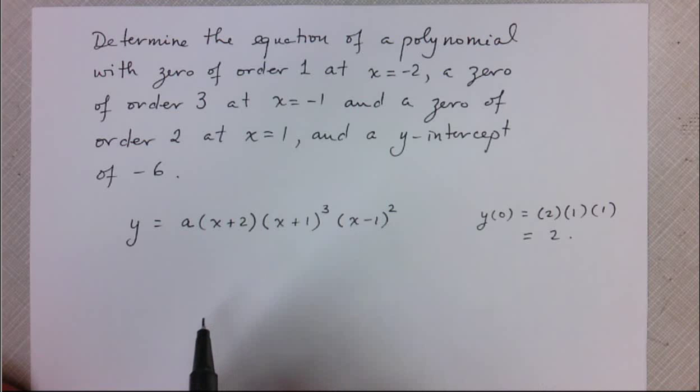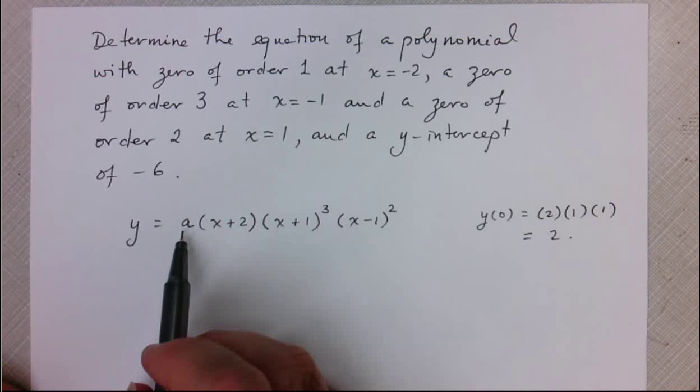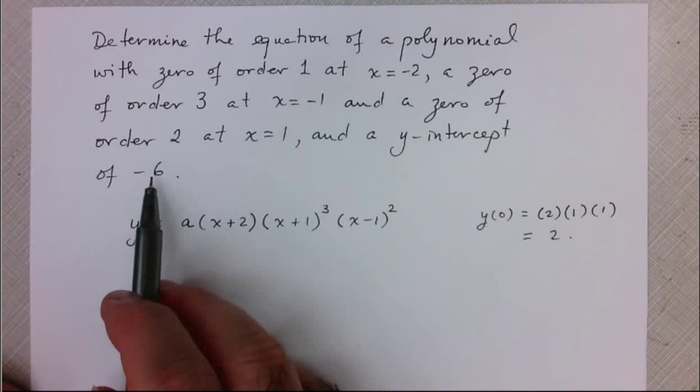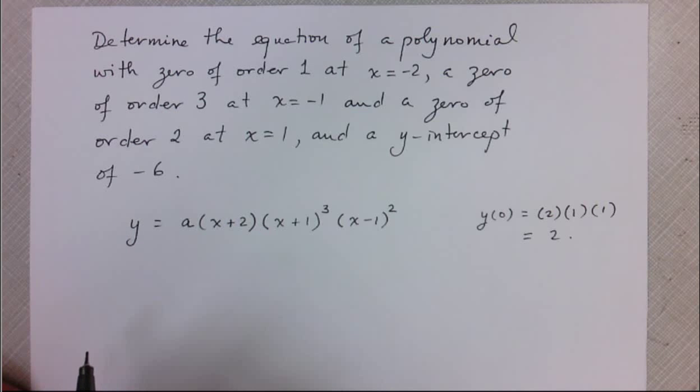So what we have to do now is find the particular a value that satisfies the other condition we need, namely the y-intercept. Hopefully this seems familiar, as you probably would have done these types of problems with quadratics.